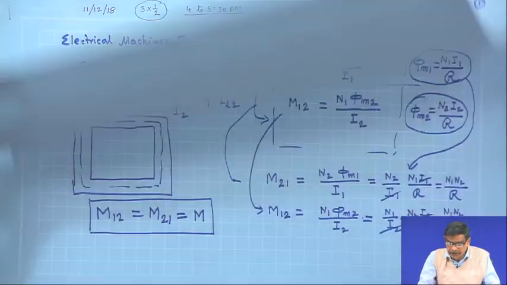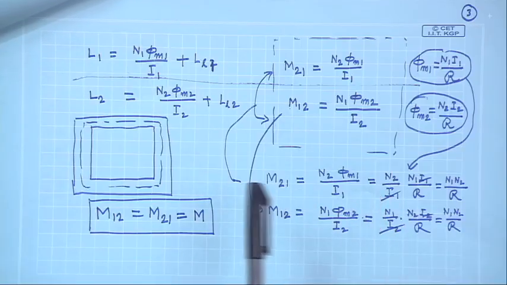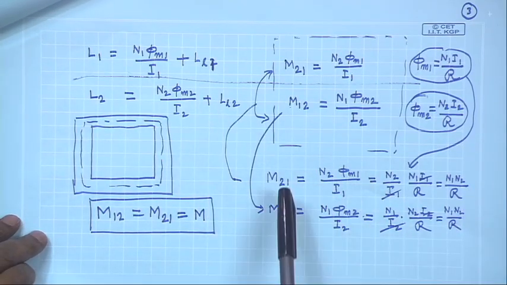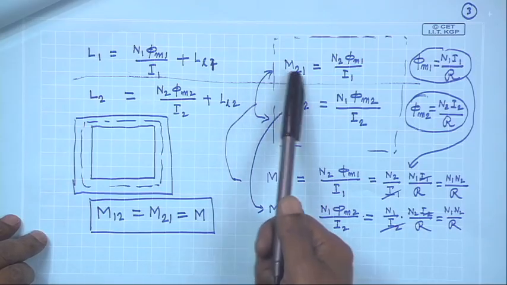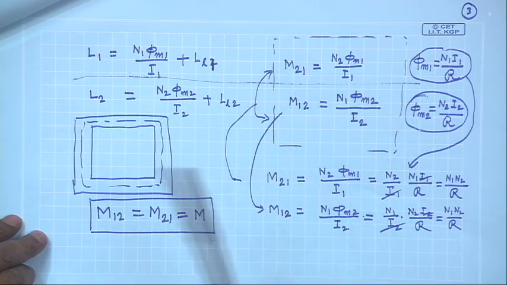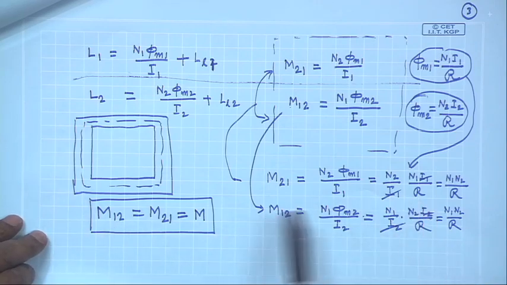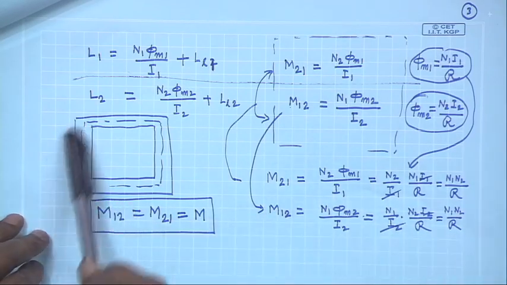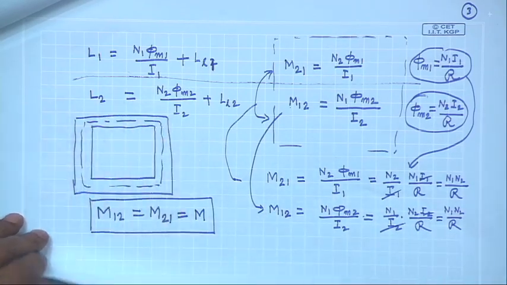In the same way, we did for L2, and then I defined mutual inductance, and whether you calculate it from coil 1 or from coil 2, it remains the same. M12 is equal to M21, because the reluctance of the common magnetic circuit is the same.